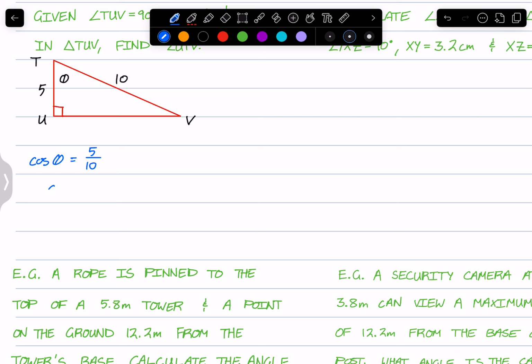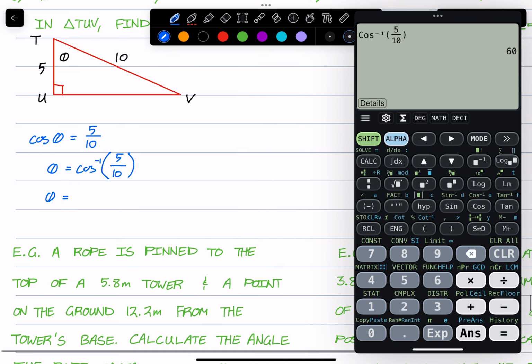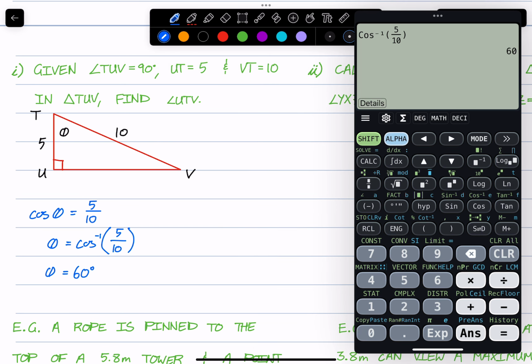From here, we take the inverse, so cos inverse of 5 over 10, and that is what we type into our calculator. Shift cos of 5 over 10, that gives us exactly 60 degrees. That's our first problem.